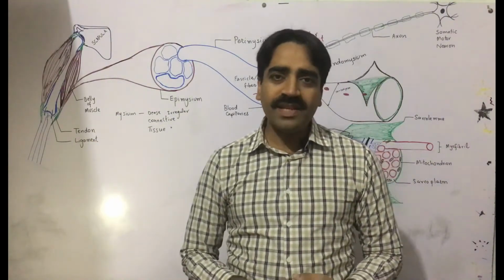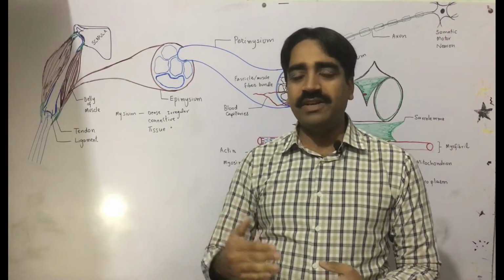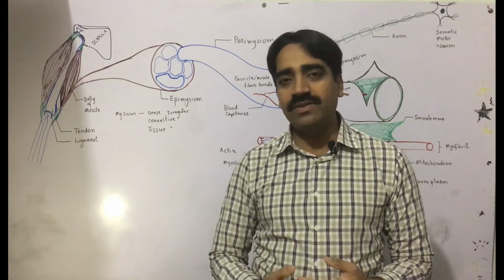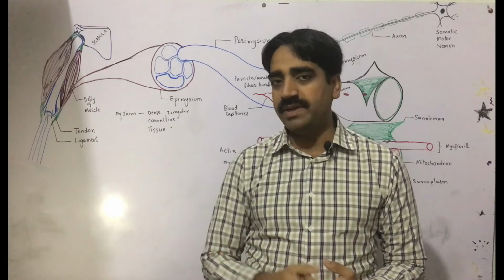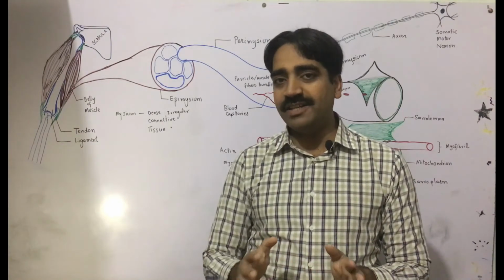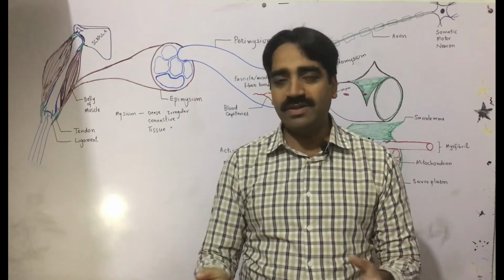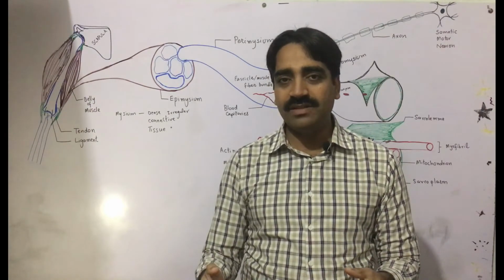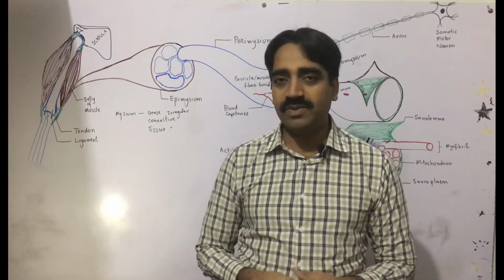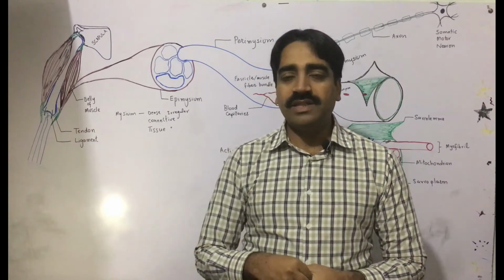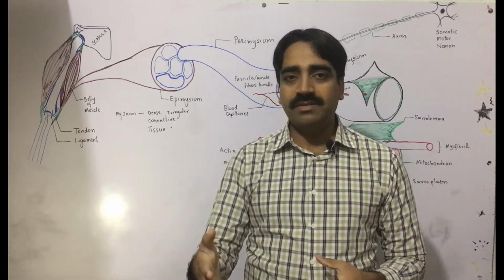Mysium is the connective tissue in the surrounding of the skeletal muscle fiber. It is the container, the covering, the outermost layer of the muscle fiber.